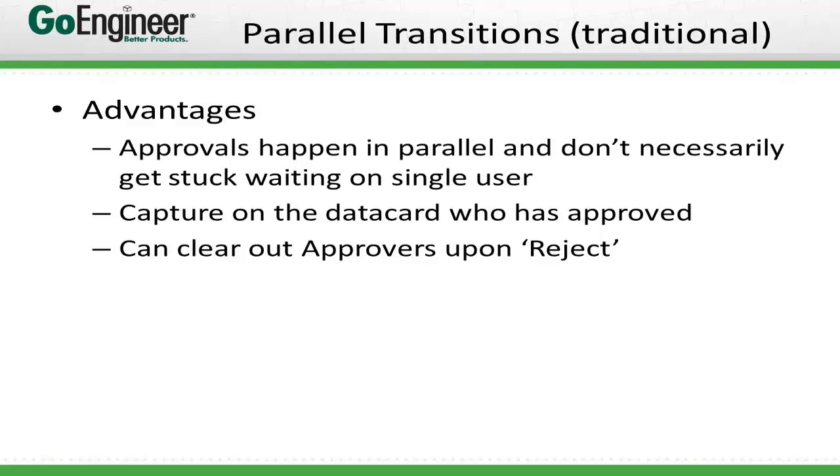Second advantage of using this parallel transition method is we can actually capture, or record, on the data card who has approved the file, either for a given department or in terms of number of users. And using attribute mapping in our variables, that information can be pushed into custom properties and show up on our title block if that's where we need it. We can also, at the same time, if we build in a reject option there as well, take an action to clear out all of those users and start again.